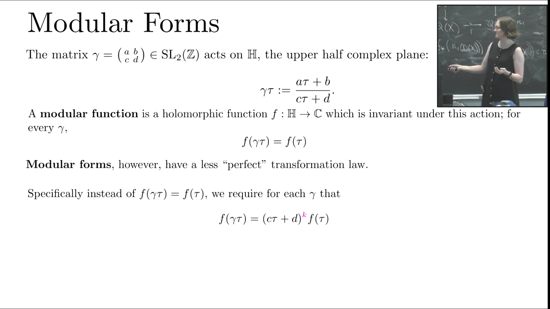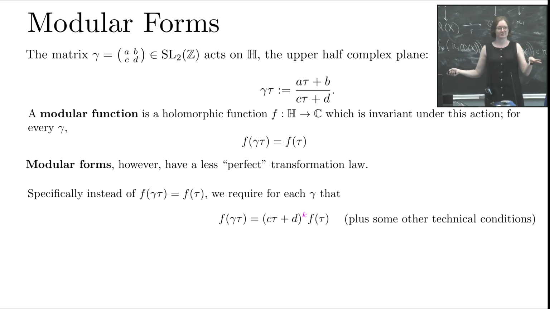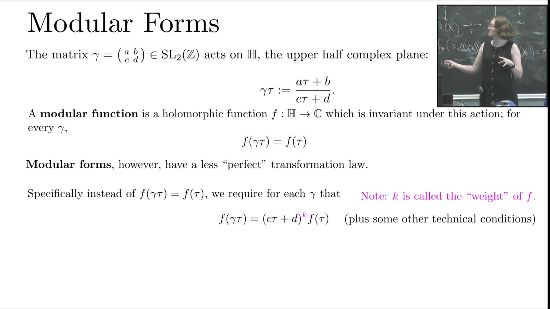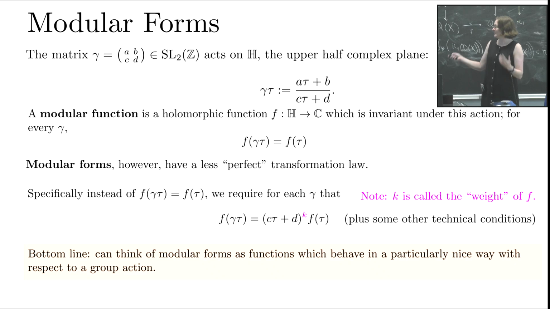This c tau plus d comes from the matrix, to the power of some k, plus some other technical conditions that I won't get into, but we call k the weight of f. So a modular form of weight k means that this equation holds for all gamma in SL2Z. Basically, we can think of modular forms just as holomorphic functions on the upper half plane, which behave in a particularly nice way with respect to a group action. They grow predictably as we act by some gamma.